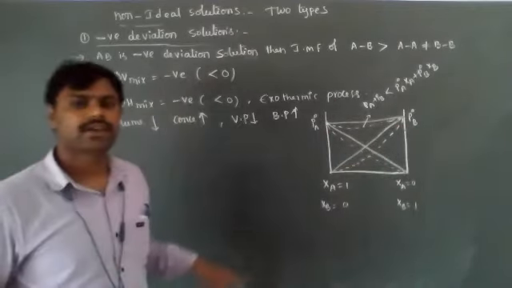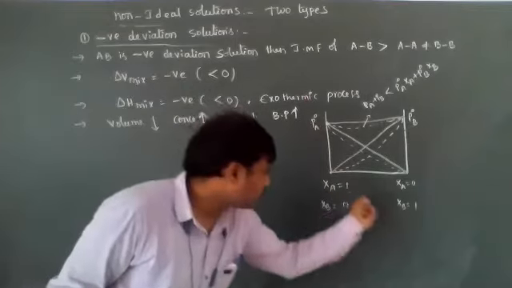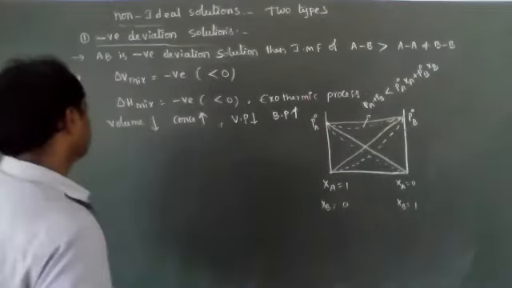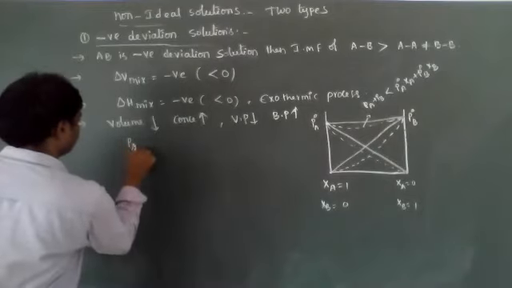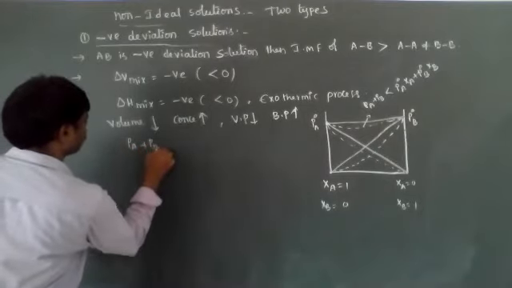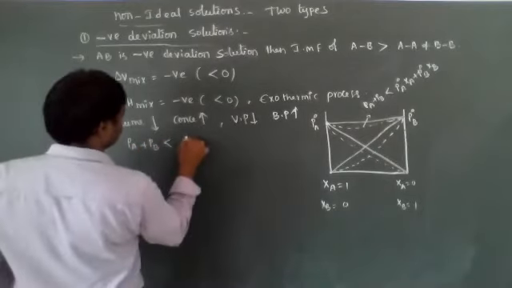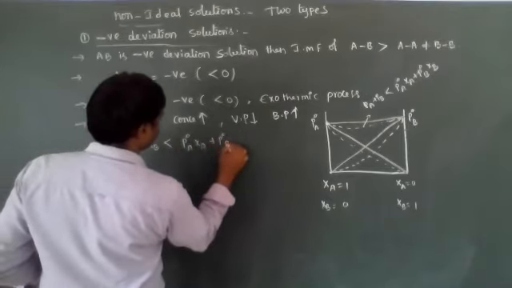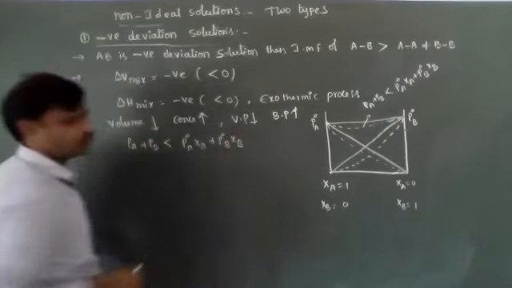The dotted lines are due to the negative deviation, where the resultant vapor pressure of the solution is decreasing. That's why PA plus PB is less than P naught A into XA plus P naught B into XB.